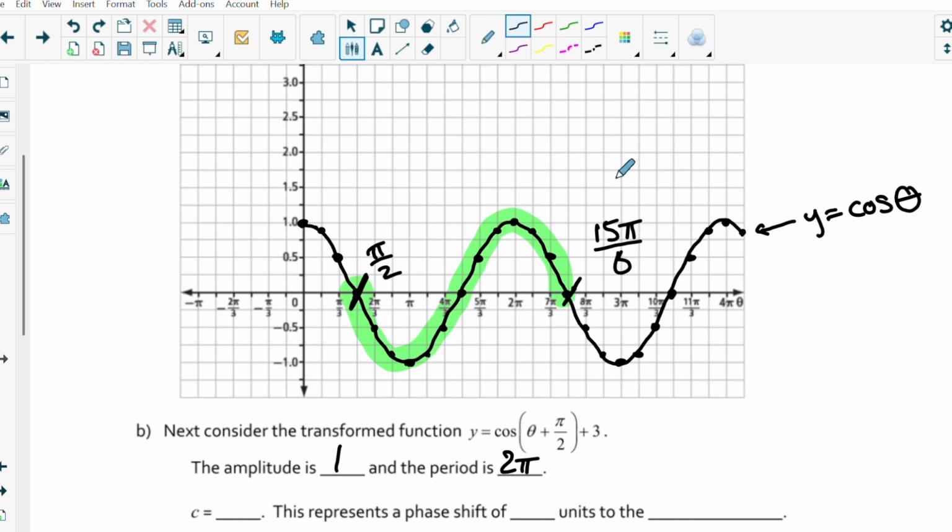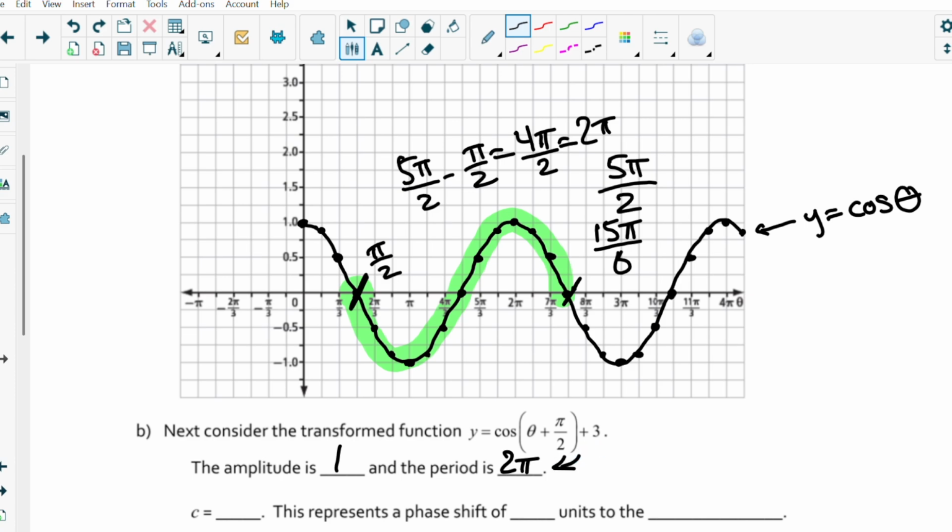This is also, 3 goes into 15, 5 pi over, 3 goes into 6 2 times, so 5 pi over 2. So the period here, 5 pi over 2 minus pi over 2, that's 4 pi over 2, which is also 2 pi. So the period is still 2 pi.